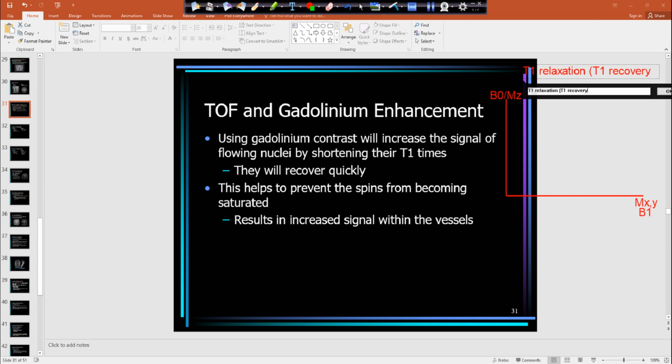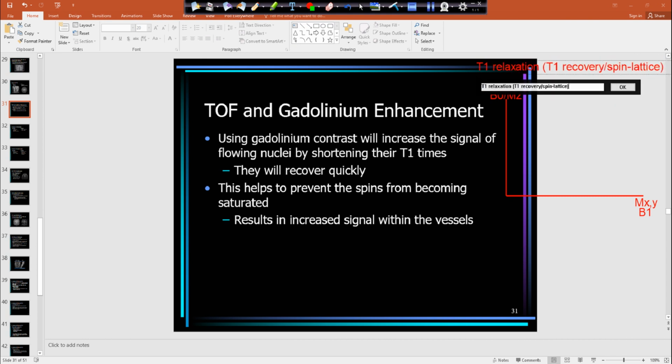And also sometimes referred to as our spin lattice. So this was from chapter 2. And then our T2 relaxation is also called T2 decay or spin-spin.